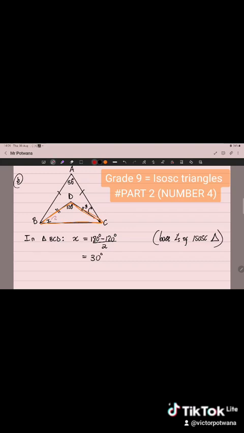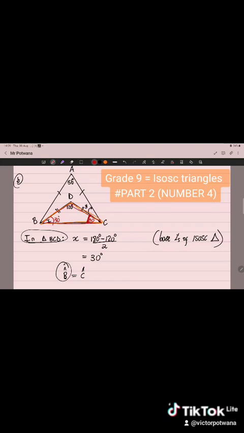So that means this angle here is 30 and this one also is 30, but let's just work out this one as well. So you can simply say therefore angle B is equal to angle C. Here I'm only saying B because I've already indicated that I'm working only in this triangle, guys.